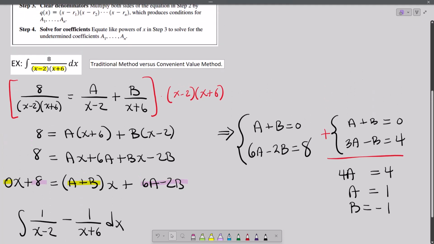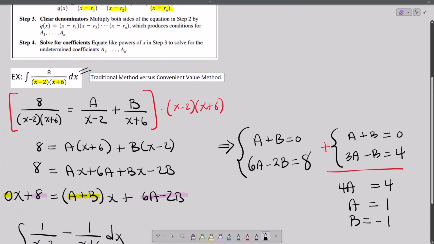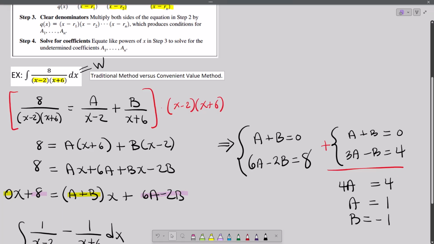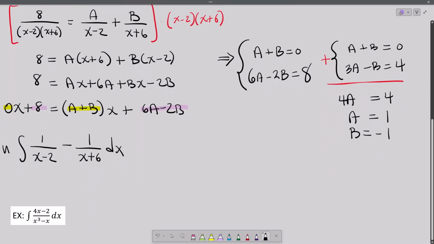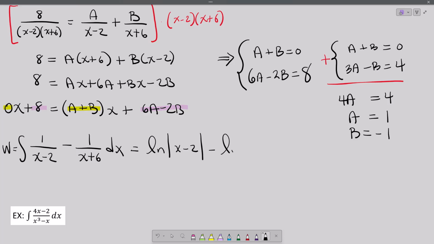So our original integral, whatever you want to call it, w, call it omega, whatever, is now that. That's easy to integrate. That's log form twice. So we can now integrate instantly. And there's our antiderivative.